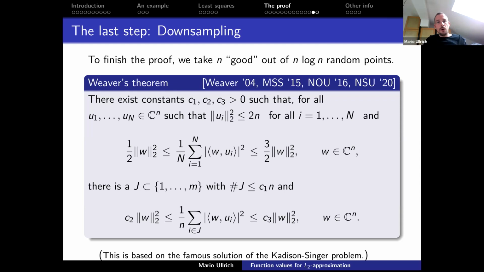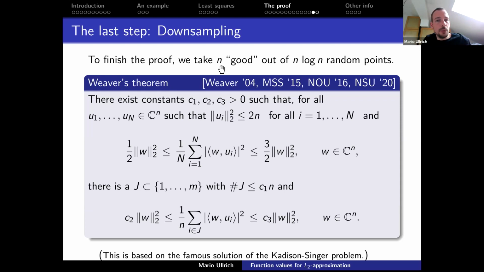But if you are interested in the existence of good point sets, say on the sphere, and you know that you can do good things with n log n oversampling, then this result is probably a good source for finding how to avoid the oversampling, right? How to downsample. And this has a major impact on numerical analysis.